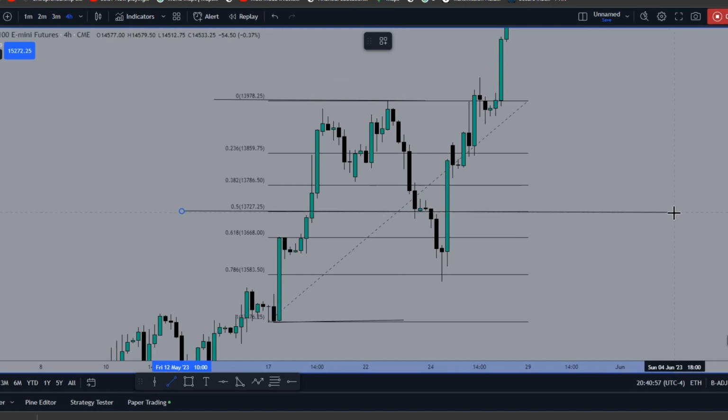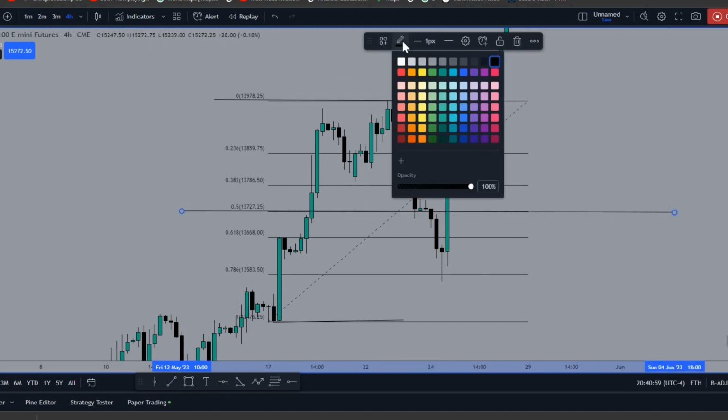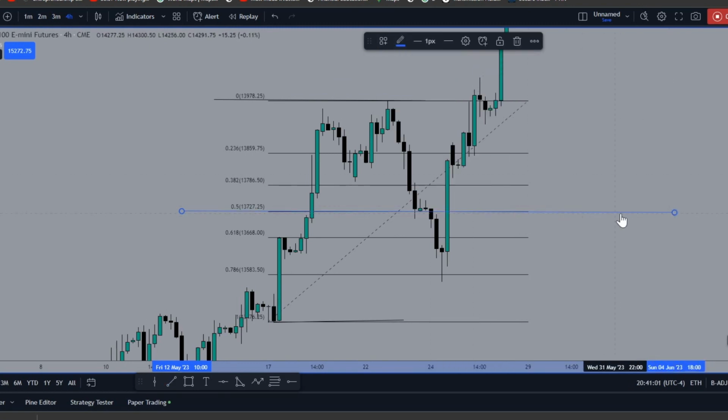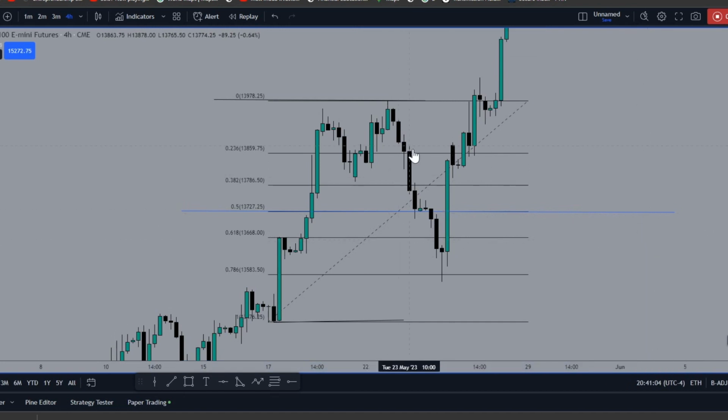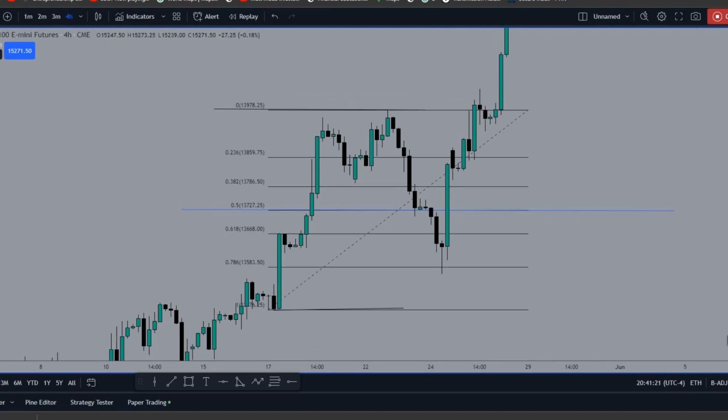I'm going to make it a different color so it could be noticeable. Anything over that is premium, and anything under that is discount. So you will be looking to buy under the 50%, and you will be looking to sell above the 50%. Are you guys following me?